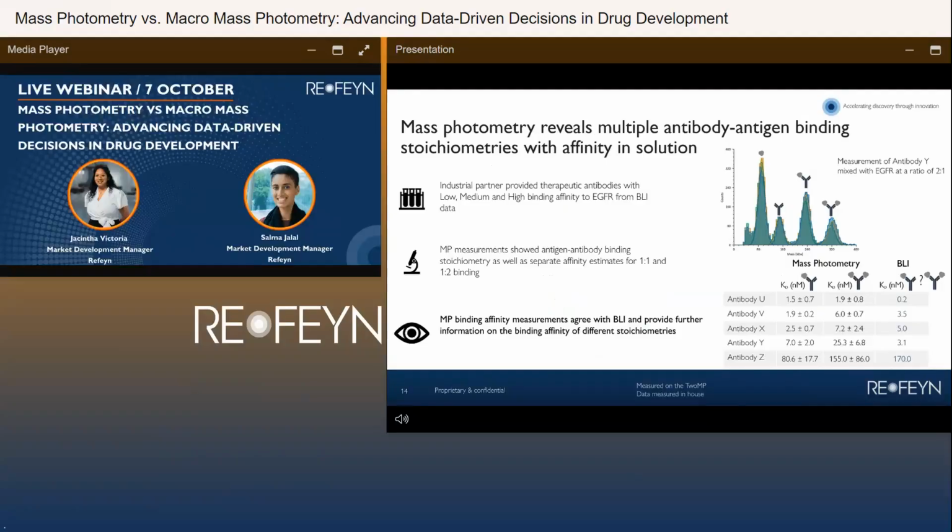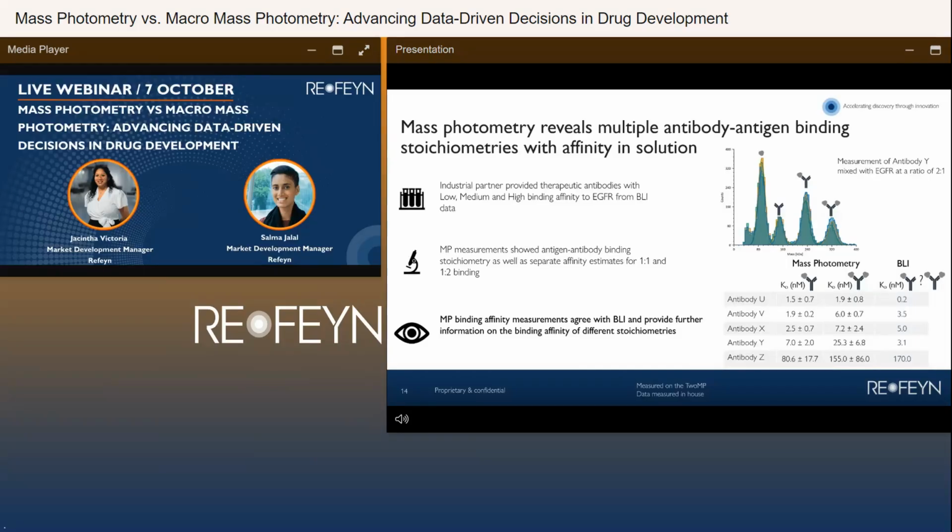And then in this data set, working with one of our customers, we were provided with a panel of therapeutic antibodies that had either low, medium, or high affinity binding to EGFR. This classification was based on BLI data from the industrial partner. But we actually did this study initially blinded.